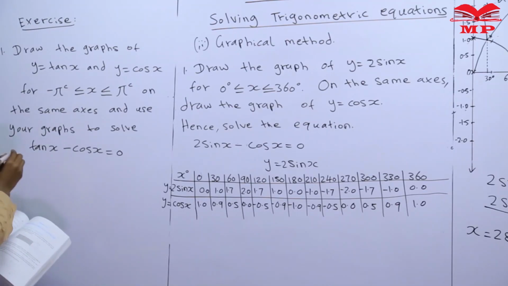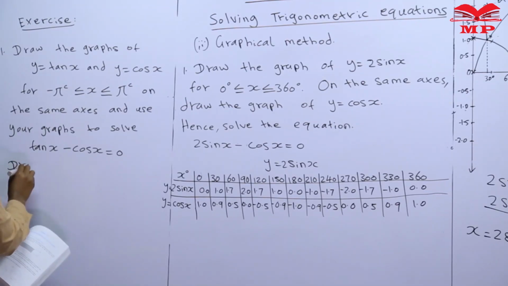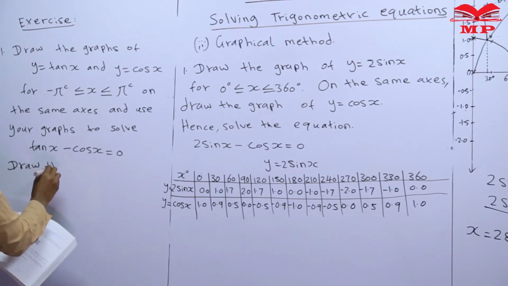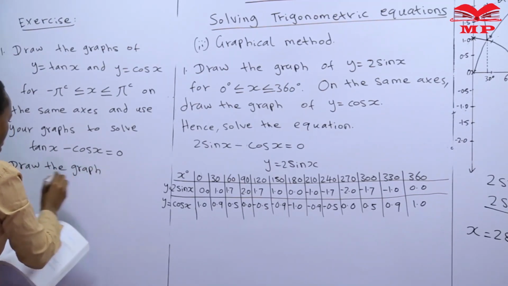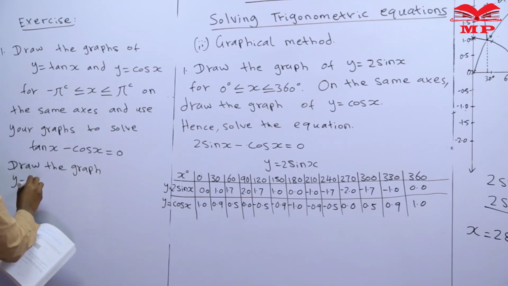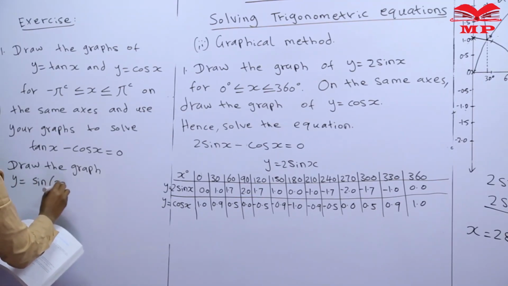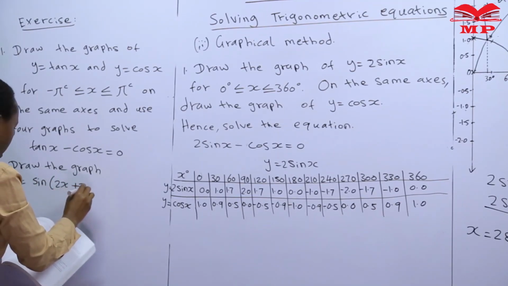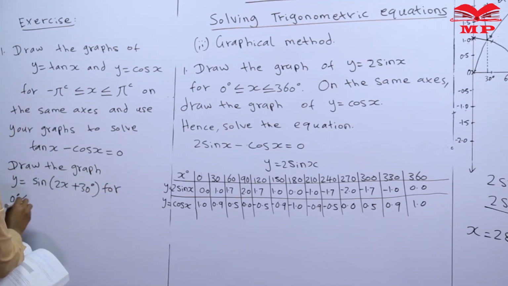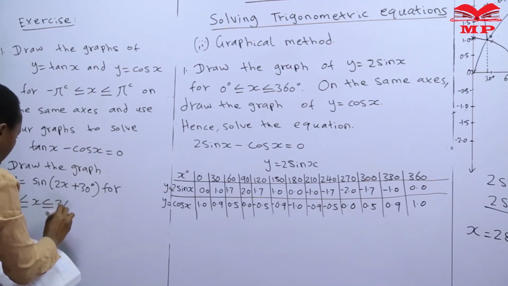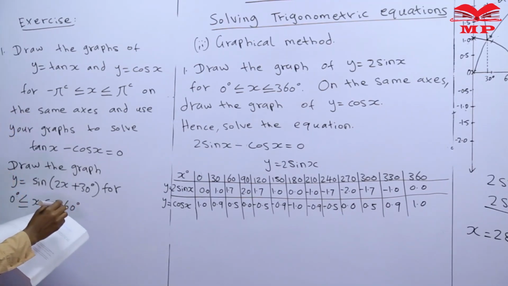Then finally, number 2, draw the graph y is equal to sine (2x plus 30 degrees) for the range 0 degrees all the way to 360 degrees.